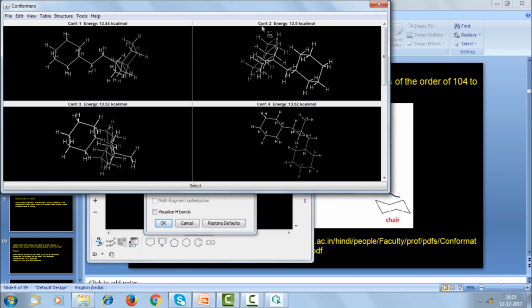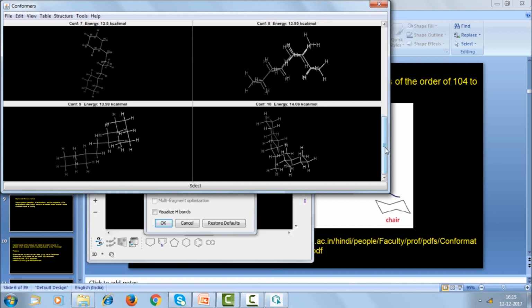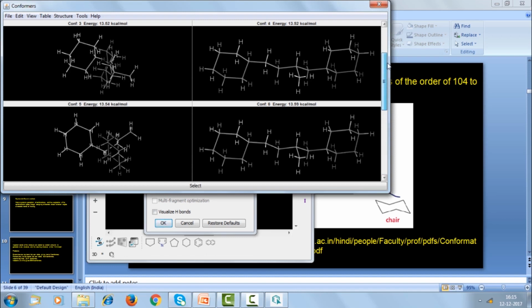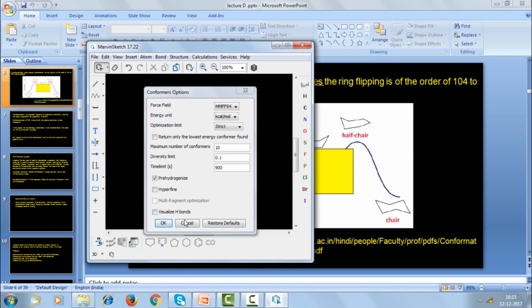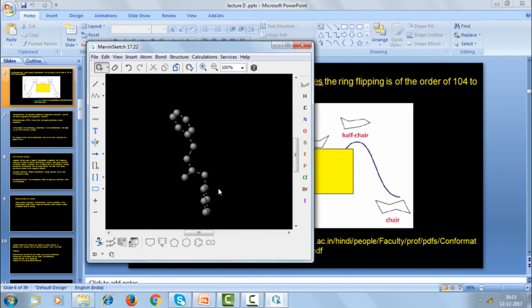So, we see 13 kilocalories, 13.5, 13. So, some of them are good, 14. So, you get different conformations, but most of them are almost the same, with very little differences in these conformations, because the software tries to minimize the energy. Okay.